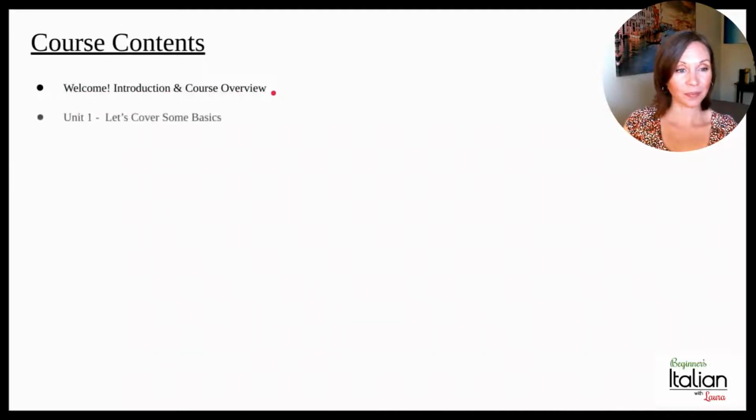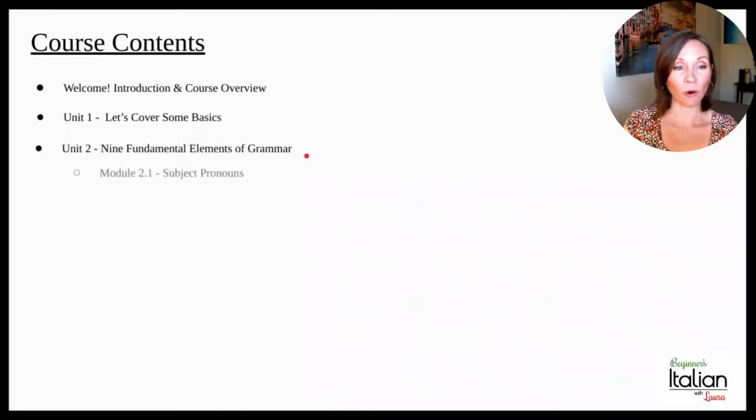Okay, course contents. So we are on the welcome and introduction, and we're currently doing the course overview. And then we're going to go into Unit 1, which is the basics. And then we're going to jump into Unit 2, which is 9 fundamental elements of grammar.